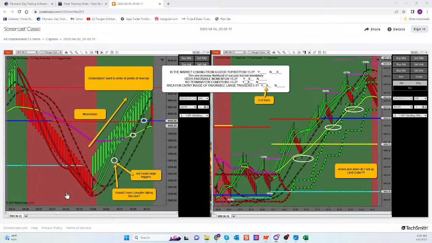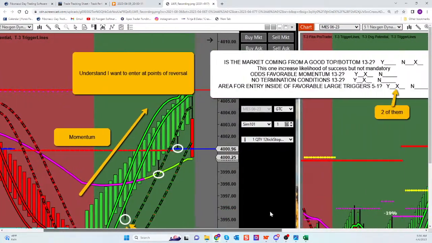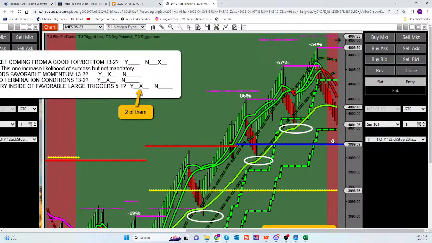My rules say take a pullback to the area inside of favorable large triggers. Does that make sense? No matter where the price is right here, the smalls are still outside of the large, aren't they? That's a good look. There's only two divergences.